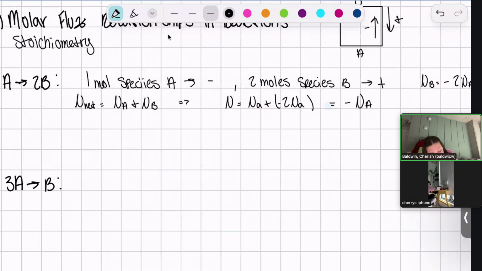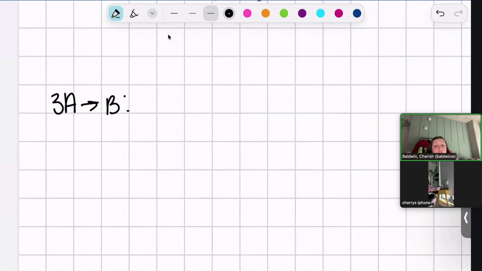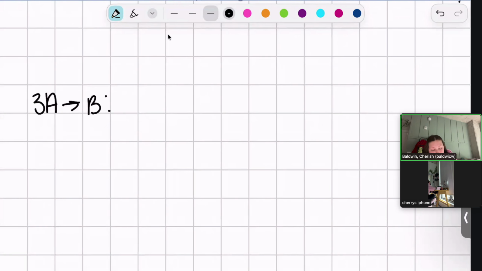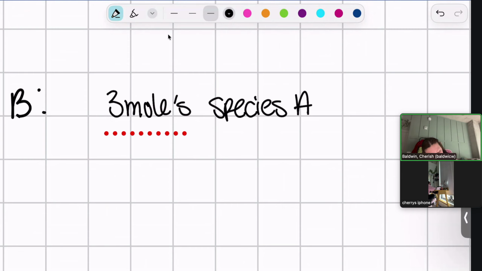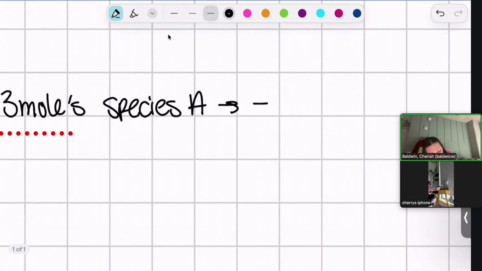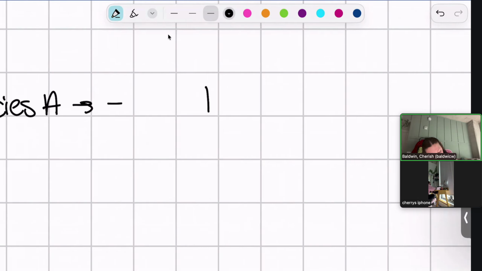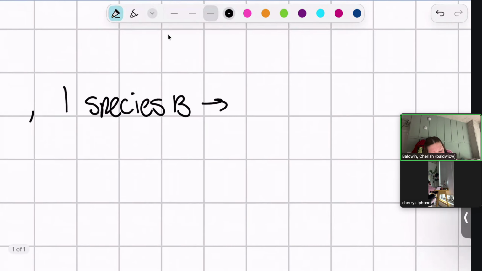Now if we're thinking of 3A going to B, so 3 moles of species A going in the negative direction, and 1 mole of species B going in the positive direction.